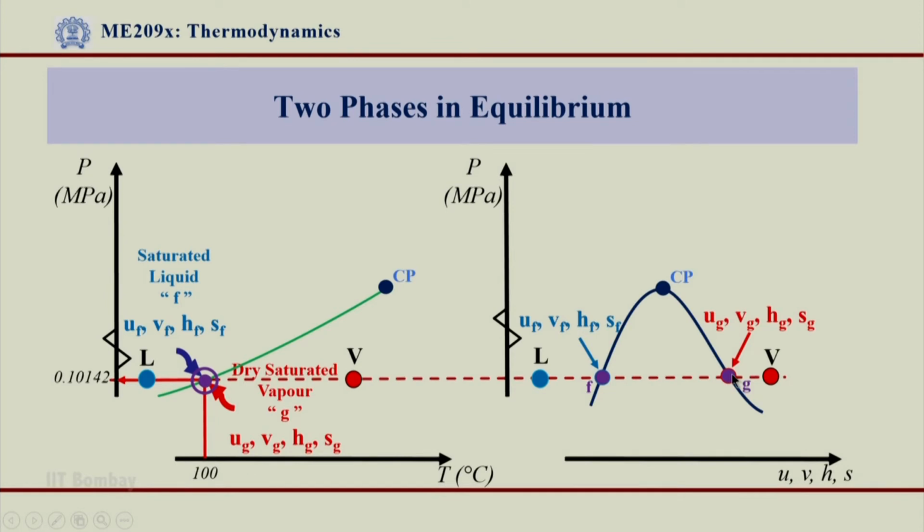So, this enthalpy difference shows the latent heat associated with this phase transformation, and it will be different at different pressures. At 1 atmosphere we have the latent heat of water at 1 atmosphere. As you go up the top, this latent heat will start decreasing.